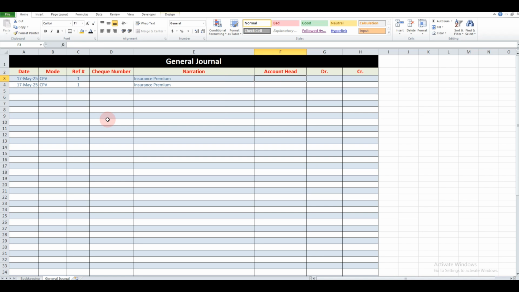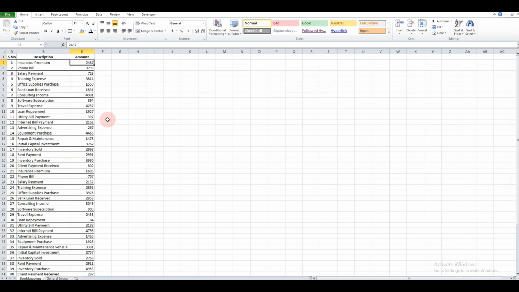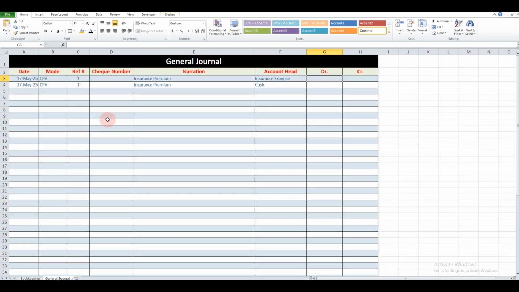It's an insurance premium expense, insurance expense debit. We paid cash against this expense and the amount is 2487.